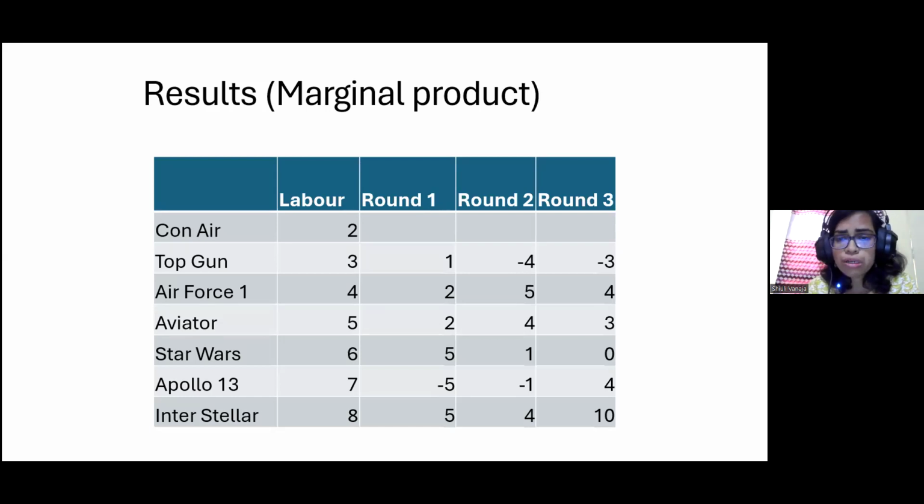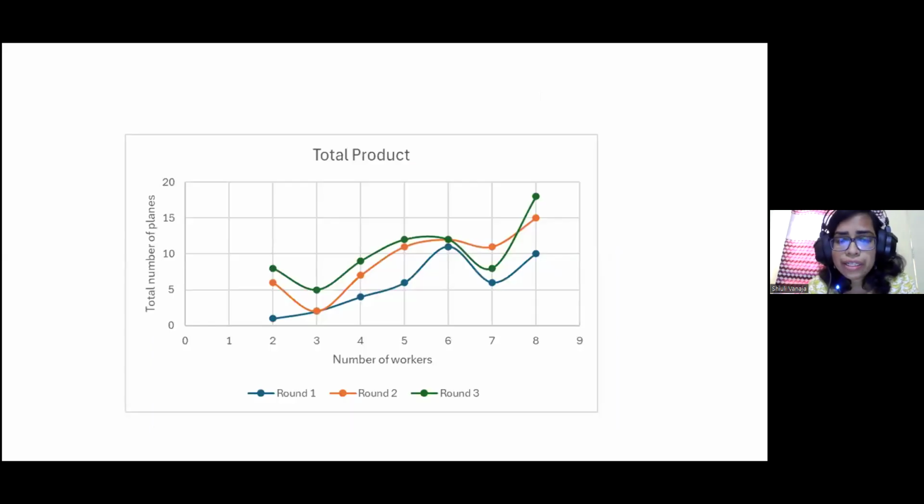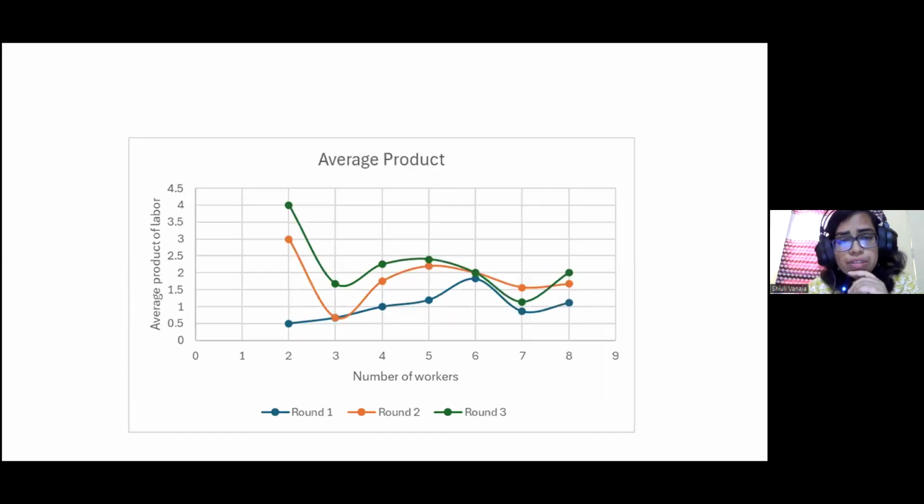So I have also plotted this. This is the same table which was showing the total product. You see there is an increase and then there is a decline. The last point is sort of an exception, and we'll see in a minute why, from the theory behind it, or how it is supposed to move. Then you see this is the average product.